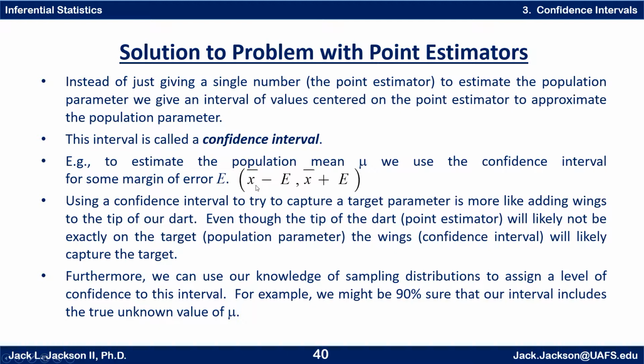Even though x bar may not be exactly on it, we want this interval from x bar minus e to x bar plus e to contain the population parameter mu. Furthermore, with our knowledge of sampling distributions and probability, we can assign a level of confidence to this interval. For example, we might be 90% sure that our interval includes the true unknown value of mu. This actually solves the problems of just using a point estimator.